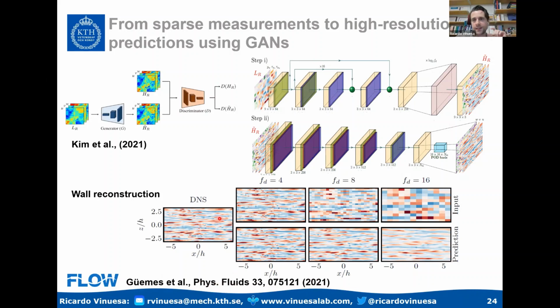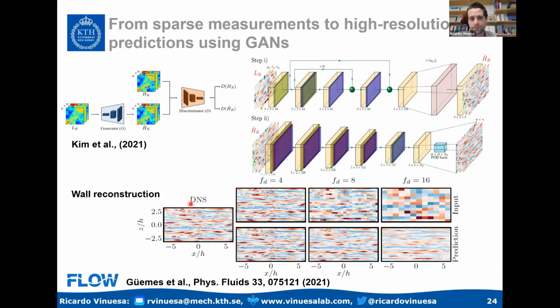What I'm showing here is the streamwise wall shear stress. So this is the DNS, this is the reference. In the first row, I'm reducing the resolution by a factor of 4, 8, and 16 squared. So you can see here that in a very, very coarse input, I basically have no information about the coherent structures. And in the second row, I'm showing you the predictions. So the second row is to be compared with this reference over here.